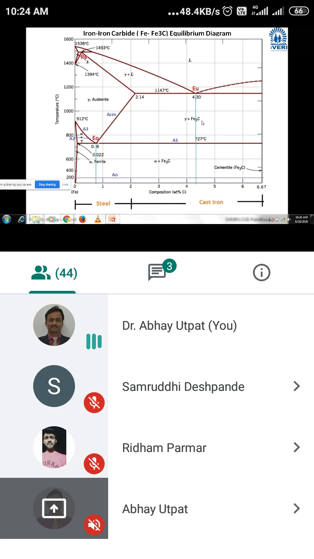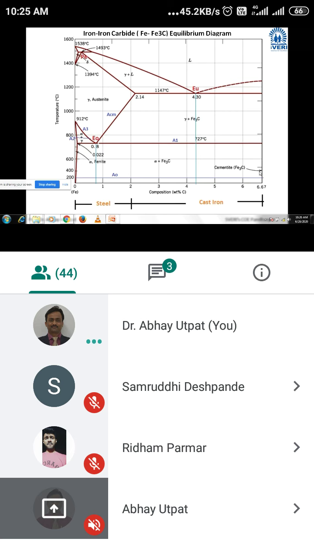It is also called as cementite. Now come down. Here is written alpha plus Fe3C. Alpha plus Fe3C. And at the end, it is written cementite Fe3C. Actually, it is 100% cementite.